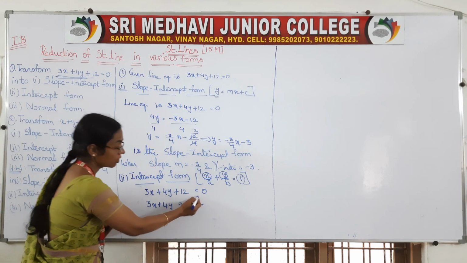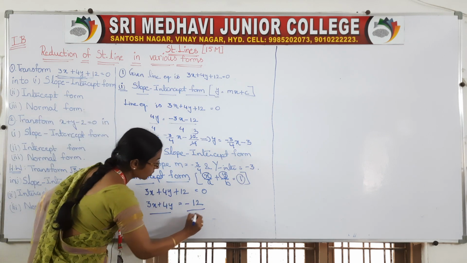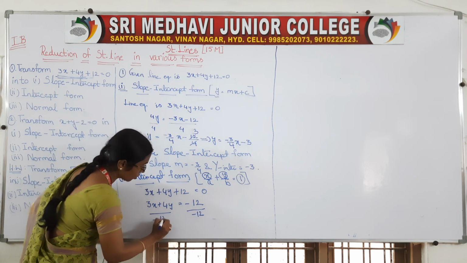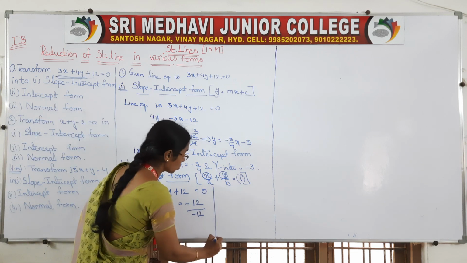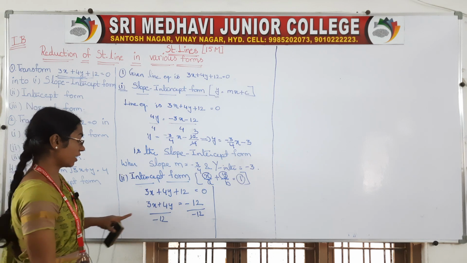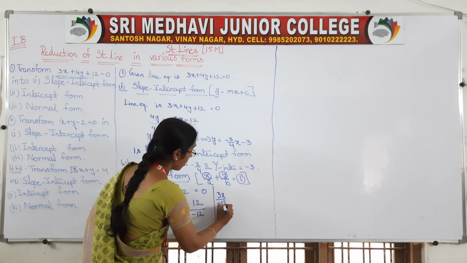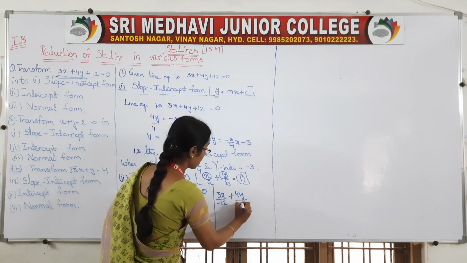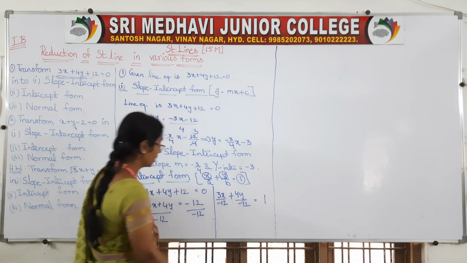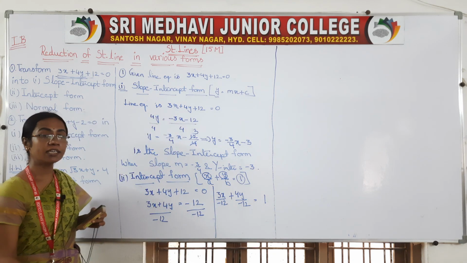To get 1 on this side, divide both sides by minus 12. What happens? You can write separately 3x by minus 12 plus 4y by minus 12 is equal to 1. Right side we got 1.